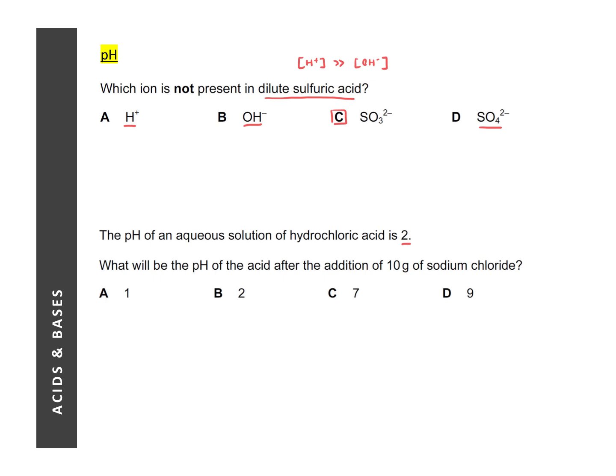And a subsequent question is: is sodium chloride itself acidic, alkaline or neutral? Sodium chloride is a salt, it's actually a neutral salt. So when you add a neutral salt to an acidic solution, it's not going to change the pH of the solution. Especially when the salt is a solid, we are not changing the concentration of your solution, so your pH will remain constant at 2.